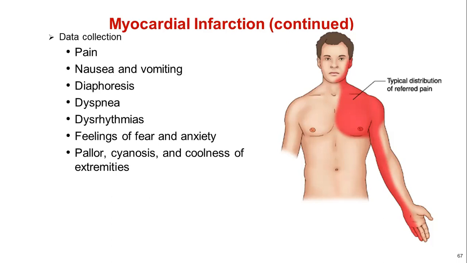So anxiety, chest pain, nausea, vomiting, diaphoresis, cold, clammy skin, pallor, or tachycardia. All are signs and symptoms of myocardial infarction, and all lead to dysrhythmia or cyanosis, right?